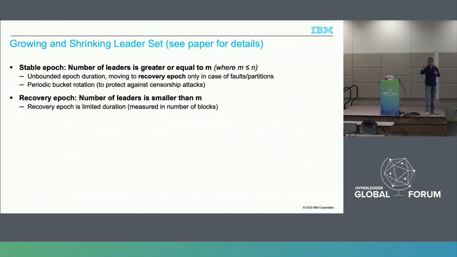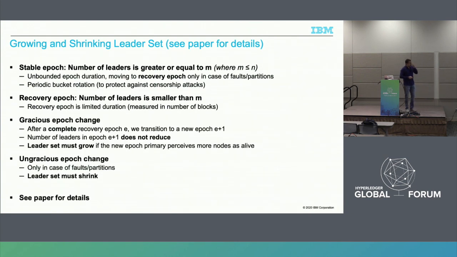To avoid churn, if some process is really faulty, you don't want to include it back again in the leader set and exclude it all the time. The details are in the paper, but this is not the trickiest part. So here I'm giving you the policy. We are growing and shrinking the leader set by 1 leader, but this is a tunable part of the protocol.